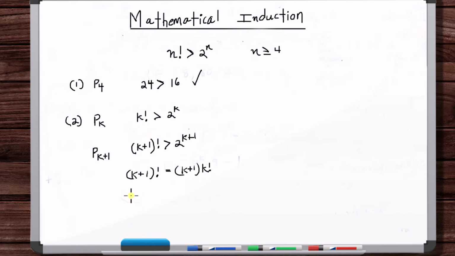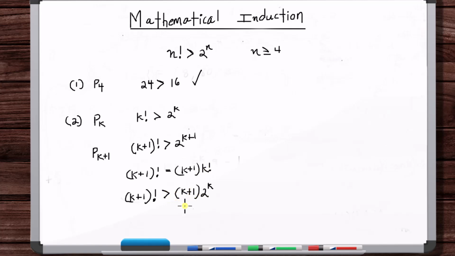So this inequality must be true, because 2 to the k is always less than k factorial.